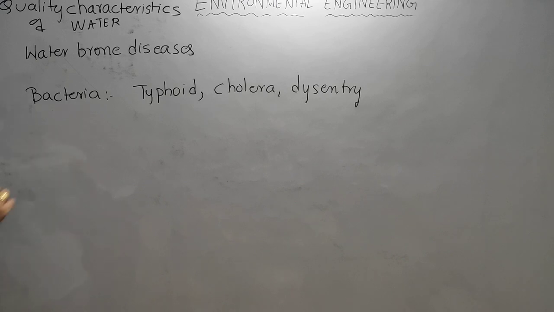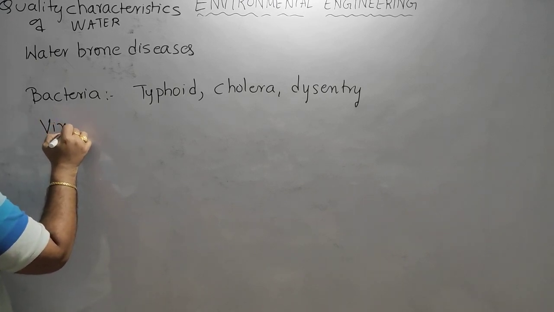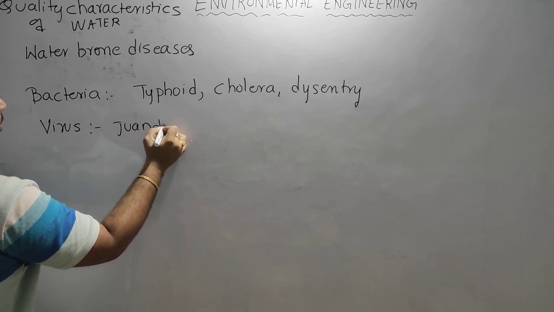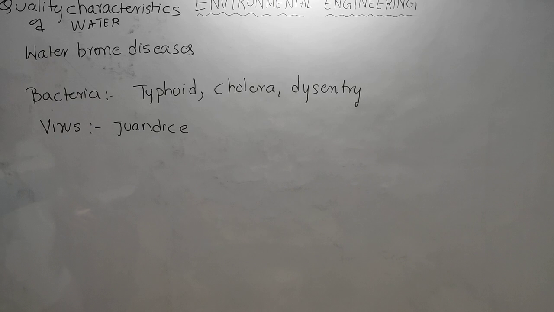And virus through water: jaundice, poliomyelitis. A virus can enter the body in many forms, but through water, if it enters, it causes jaundice.